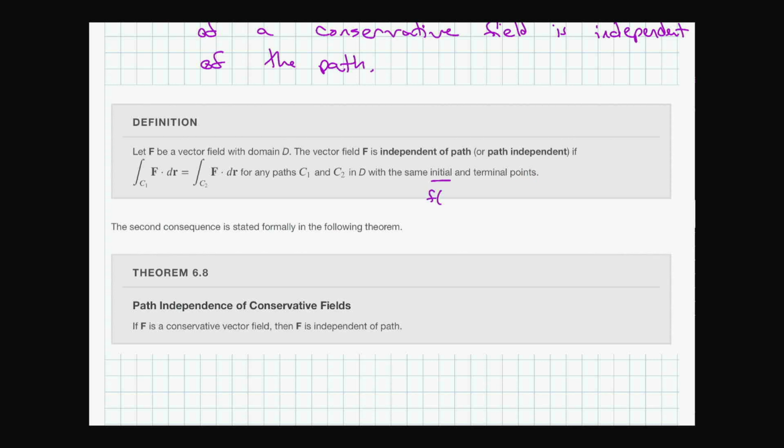The initial was the r of a, and the terminal was the r of b. Okay. And then in a theorem, they say if f is conservative, then f is independent of the path.